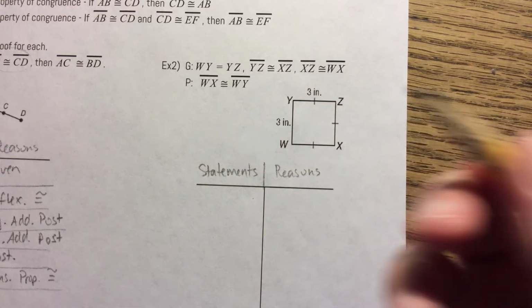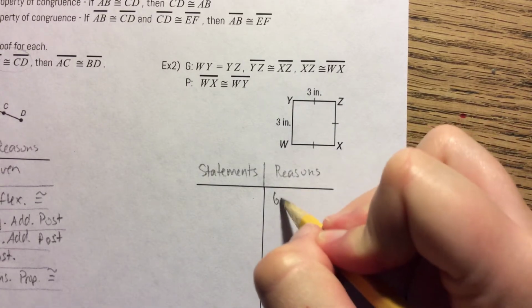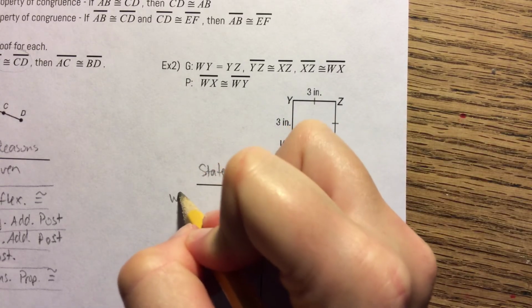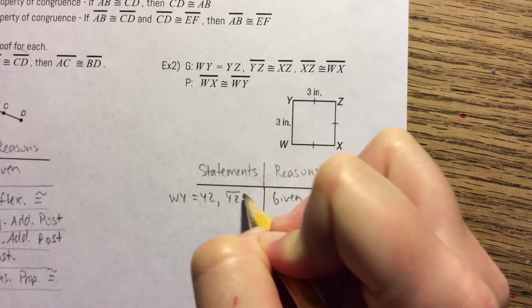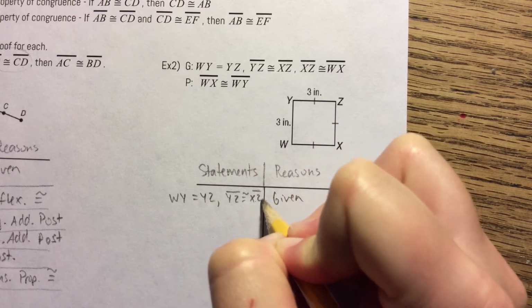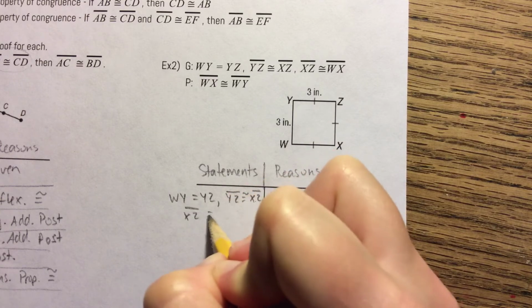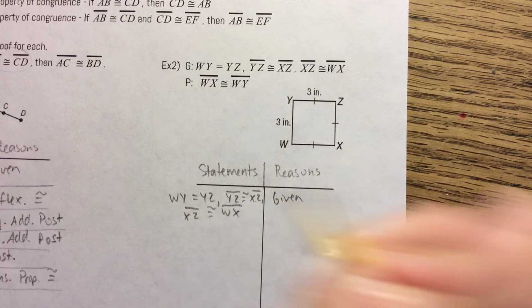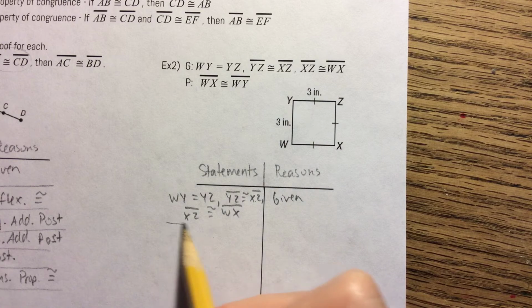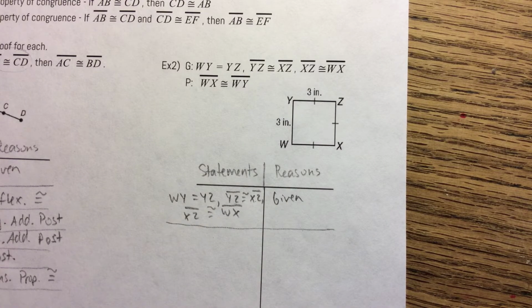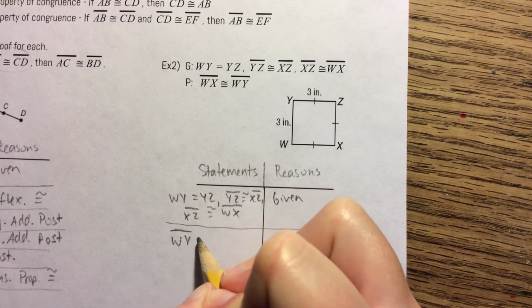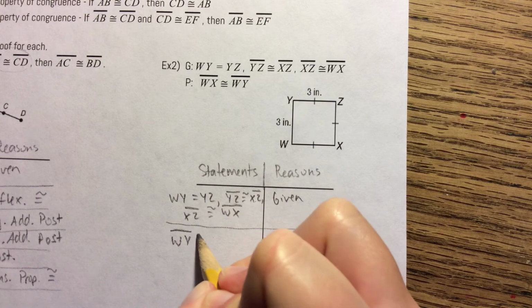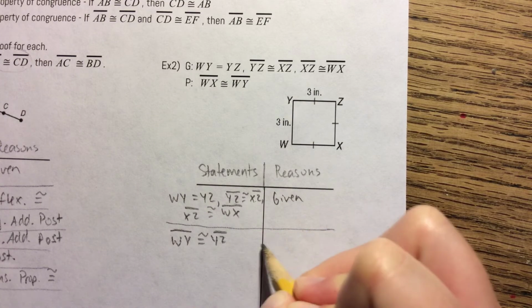Then we have our given. So all that's given. So now I'm going to use my definition of congruent segments to tell us that if that says those are equal, then I can say that those lengths are congruent to each other.